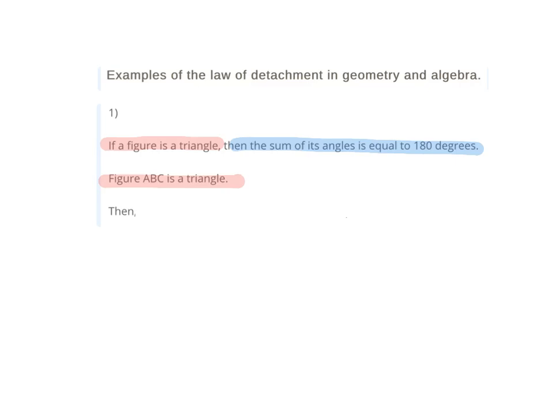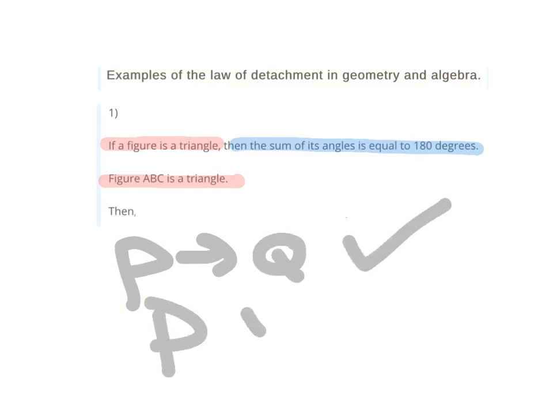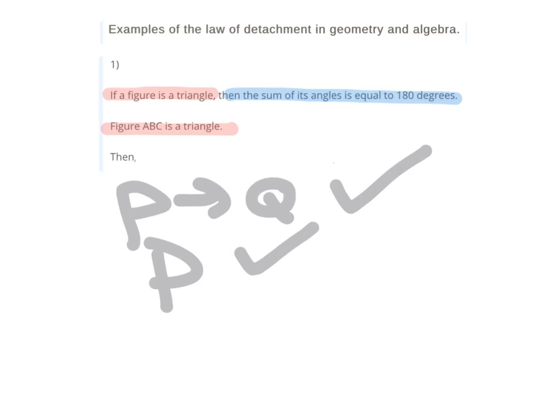So then what can we imply? What would our conjecture be from this statement? So if P, then Q is true. P is true. So therefore, what do we know? That Q is true. So how do we state that Q is true? So if figure ABC is a triangle, then what do we know about figure ABC?